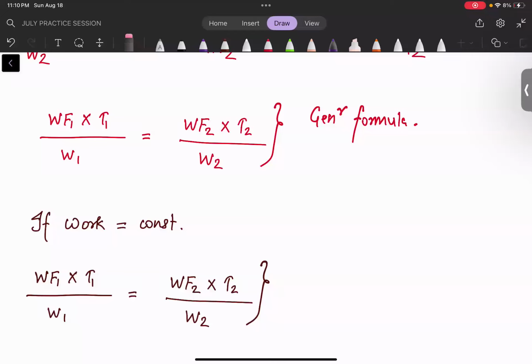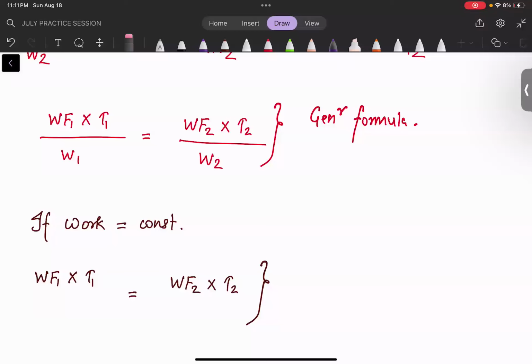If work is constant, that means W1, W2 are equal. So can I cancel it out? Yes or not? Work is constant, that means W1, W2 same, so we can cancel it. My dear, if anything is the same, just cancel it out. So now, if work is constant, this is your formula: WF1 into T1 equals WF2 into T2. Understood? Very simple.